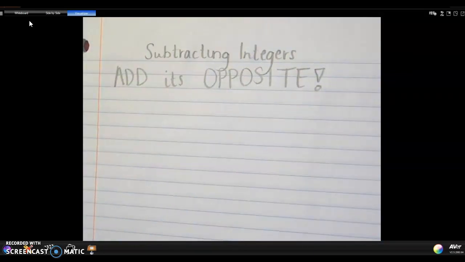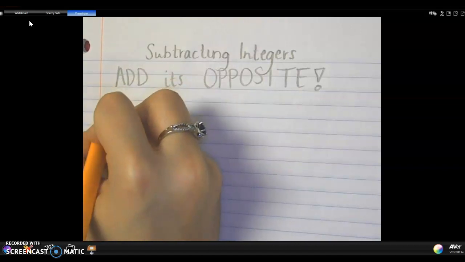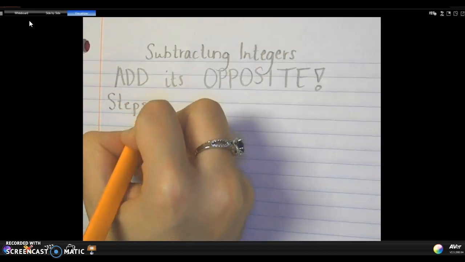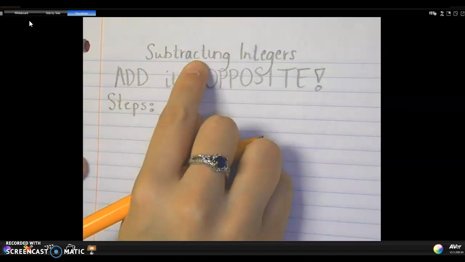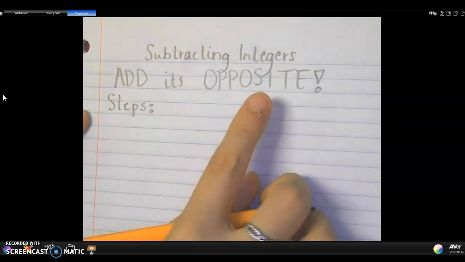Whatever problem you have with subtracting, you're going to change the problem and make it into an addition problem. Because instead of subtracting, you're going to be adding its opposite.